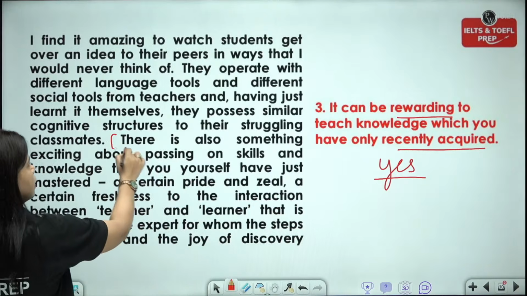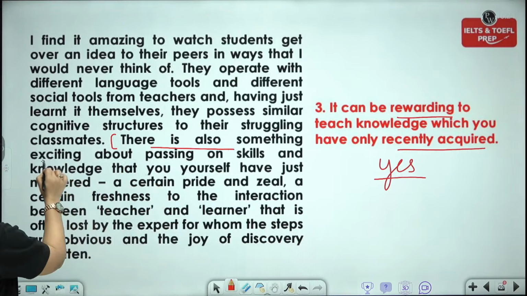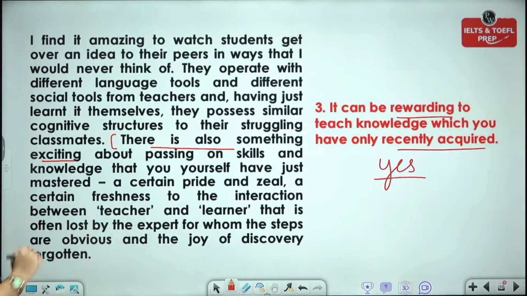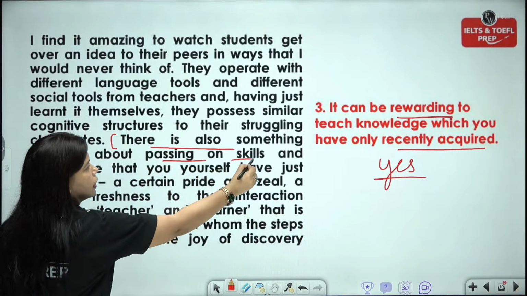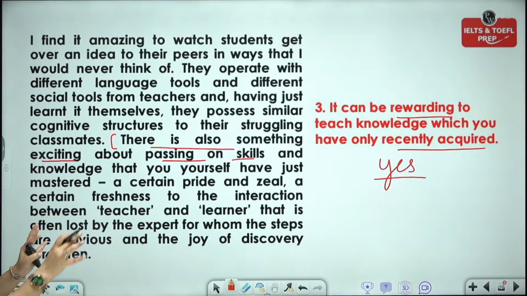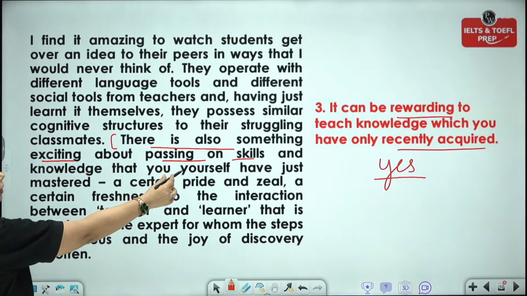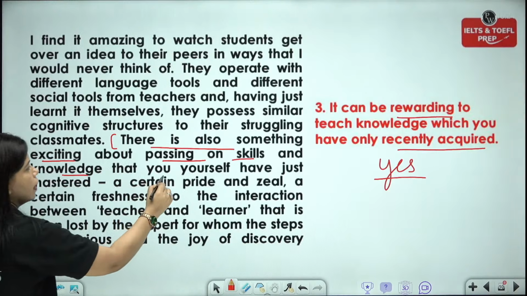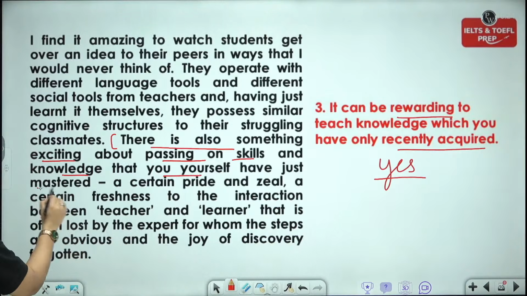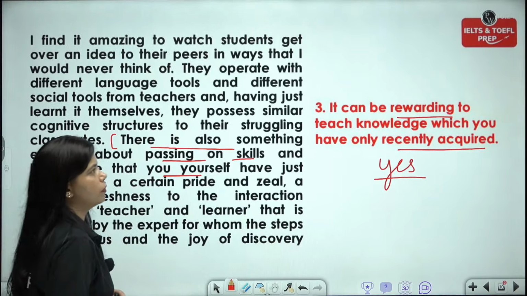They are saying there is also something exciting. Rewarding is equal to exciting. There's also something exciting about passing on skills. That means teaching knowledge, passing on skills. So there's also something exciting about passing on skills and knowledge that you yourself have just mastered. Isn't it saying the same thing?